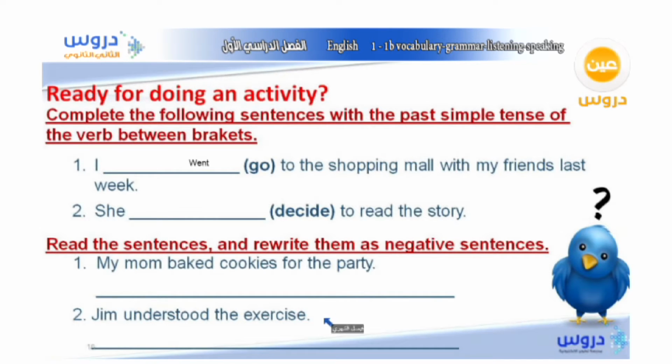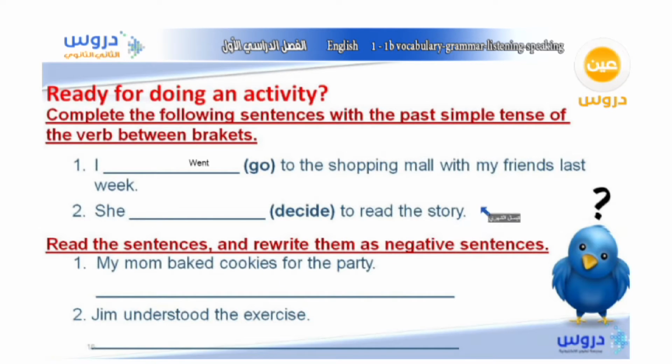Alright. What sport did you play when you were a child? And what did you not like when you were a child? I need to listen to you if you can. Okay? I played basketball. I did not like football.